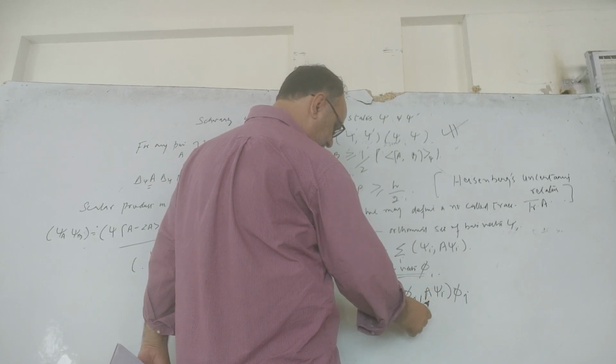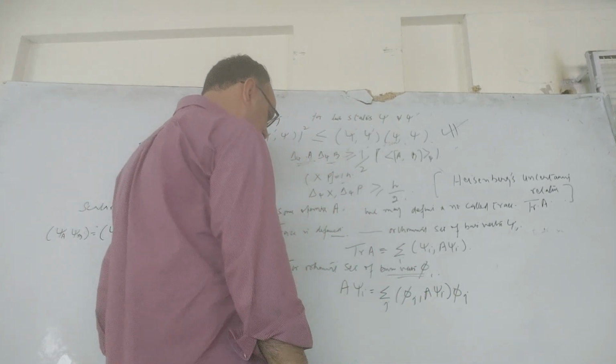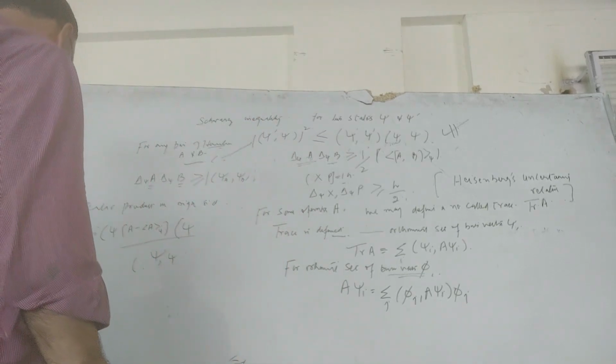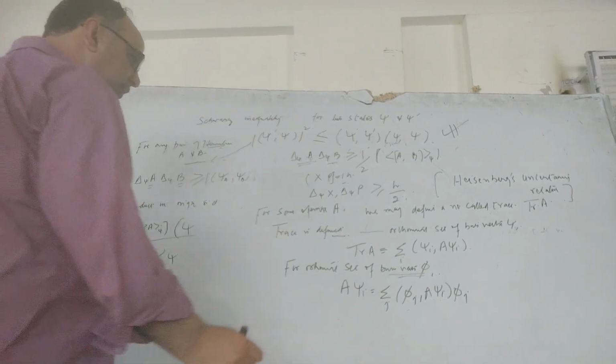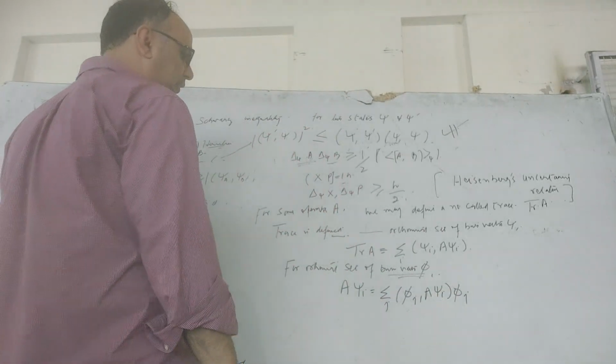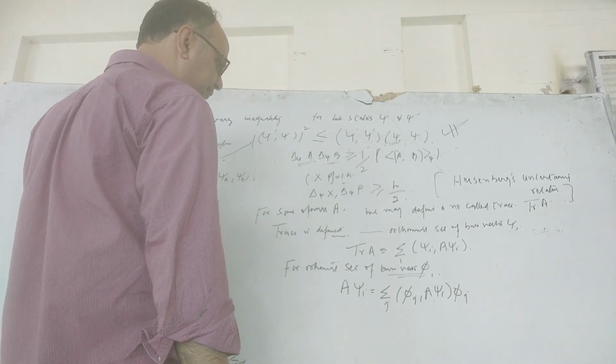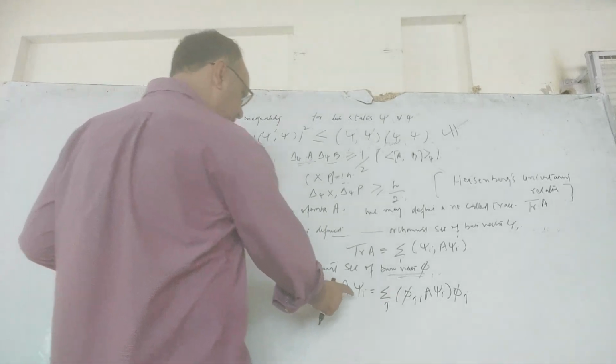It will be this thing, A psi i phi j. For an orthonormal basis, you can write it like this.